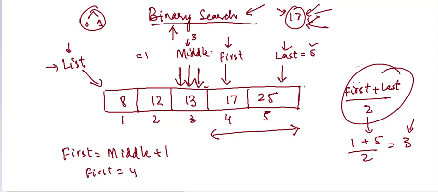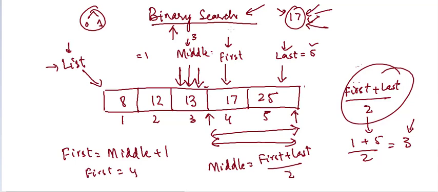So in a way, what we are going to be searching in is this array, starting from here and ending here. The middle for this part can be calculated using first plus last divided by 2.